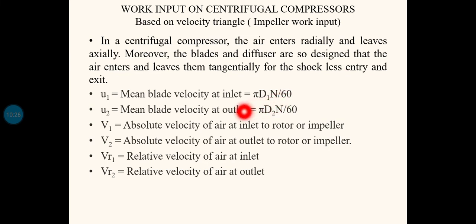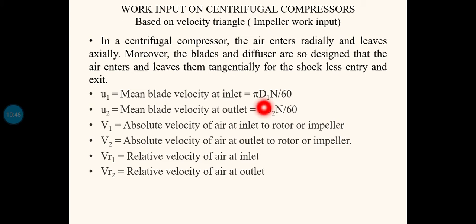Now let u1 equal the mean blade velocity. Once we know the rpm of the centrifugal compressor, we can calculate u1 equal to pi d1 n by 60, where d1 is the inner diameter of the impeller, or simply the mean diameter of the eye of the impeller.